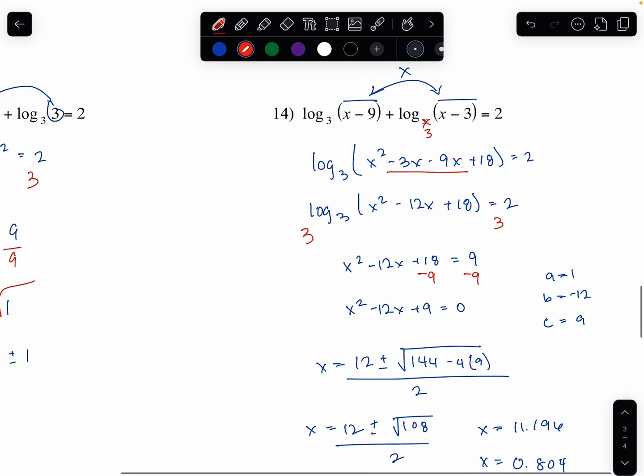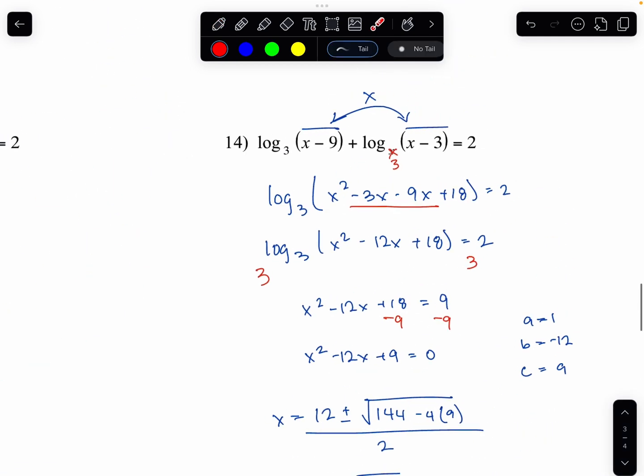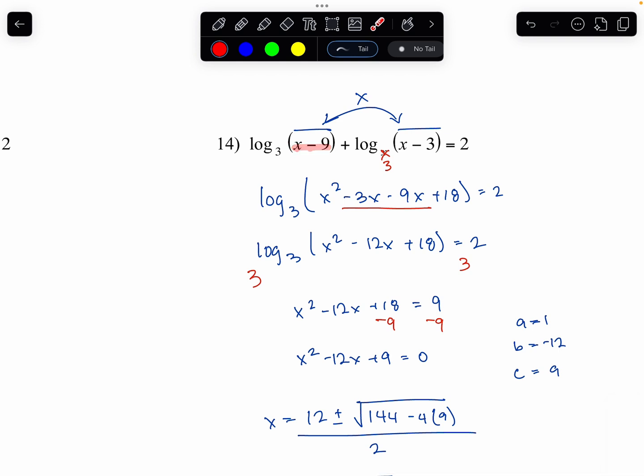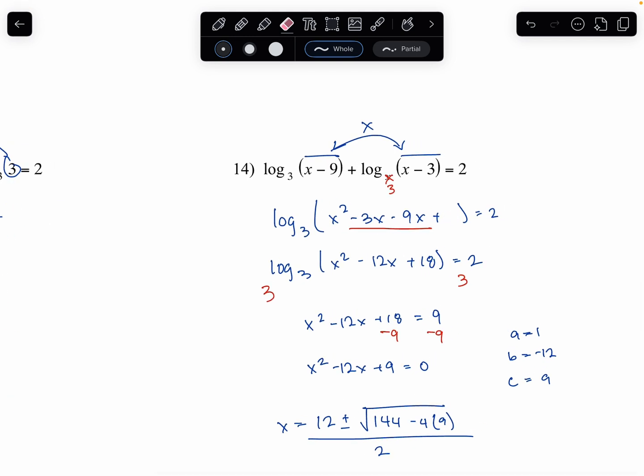I think I did something wrong here because my answers aren't coming out right. So let's review my steps. So I multiplied. That's what I did wrong here. That should be 27. Oh my gosh, that's gonna be 27, not 18.